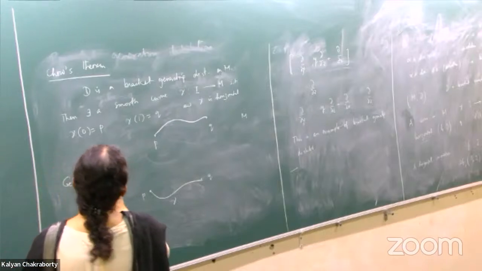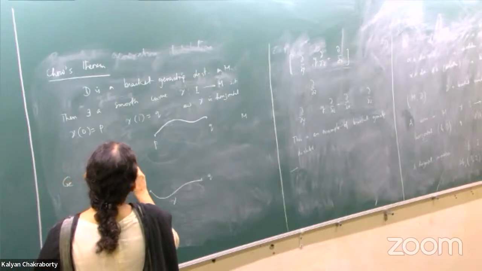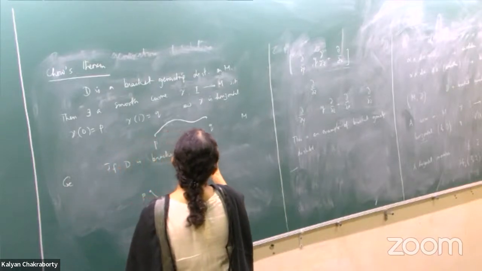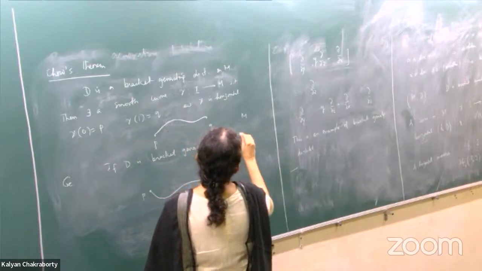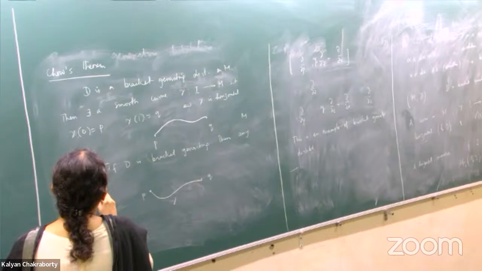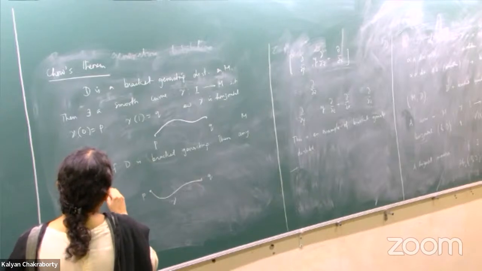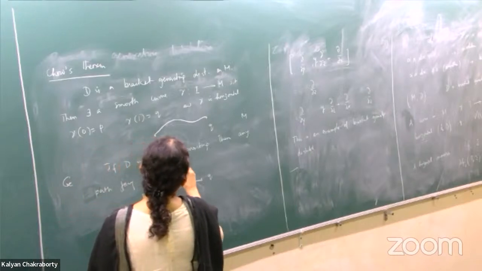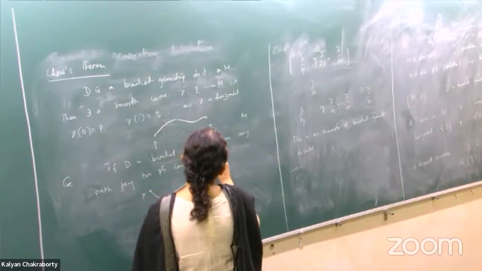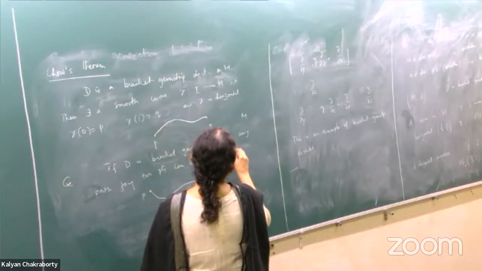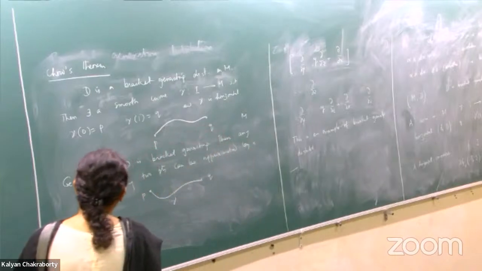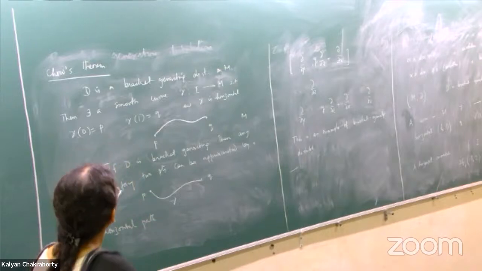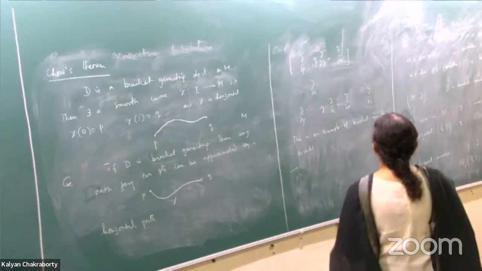So we want to prove that if D is bracket generating, then any path joining two points can be approximated by a horizontal path. So these are two theorems.